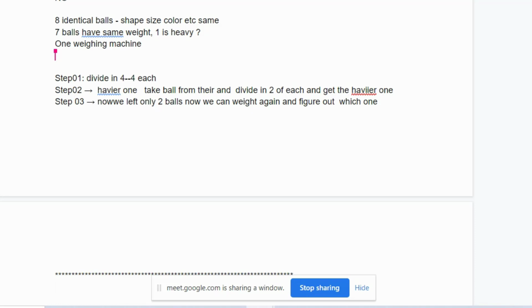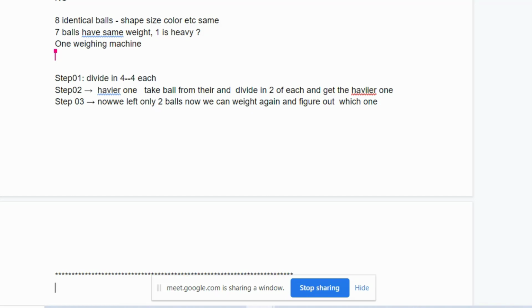We can take three collections of balls: three, three, and two. Then we start by comparing three against three. If they are equal, then one of the remaining two balls would be the heavier one, and we'll be able to figure it out.